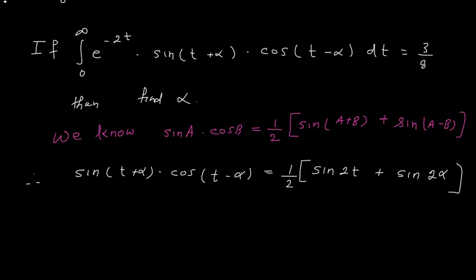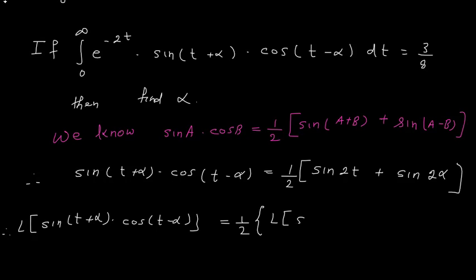Therefore, if I take the Laplace of sin(t plus alpha) into cos(t minus alpha), what I get is 1 upon 2, in a big bracket, Laplace of sin 2t plus Laplace of sin 2 alpha. Now sin 2 alpha is a constant, so we can take it out, and what is remaining is 1.